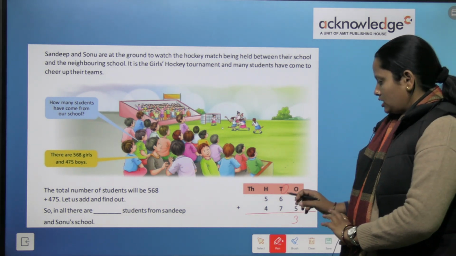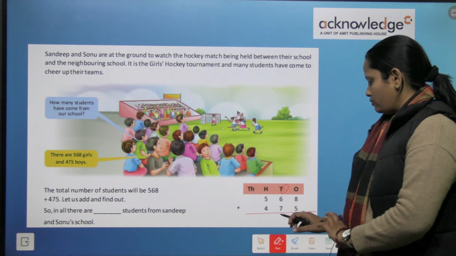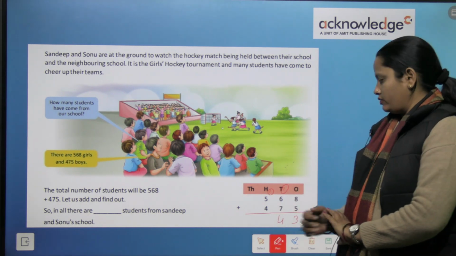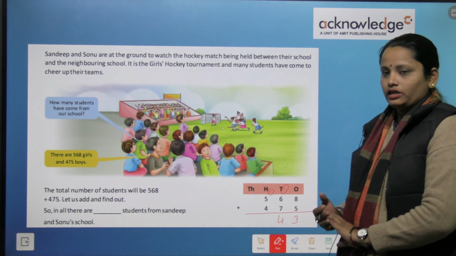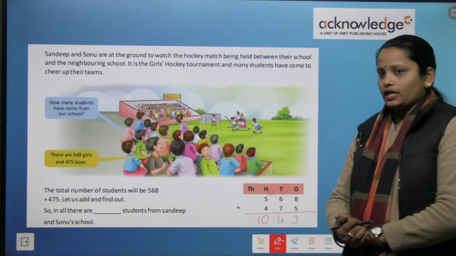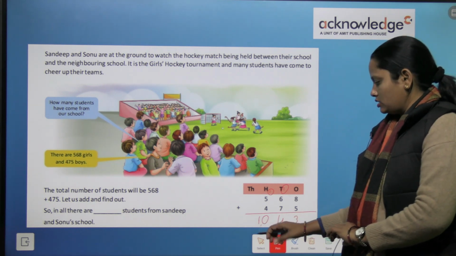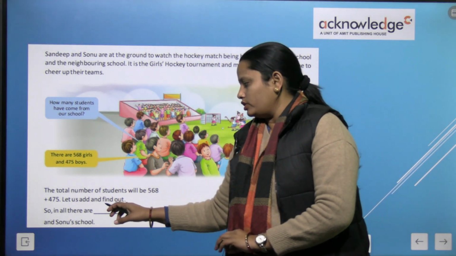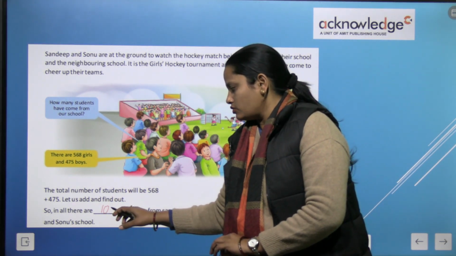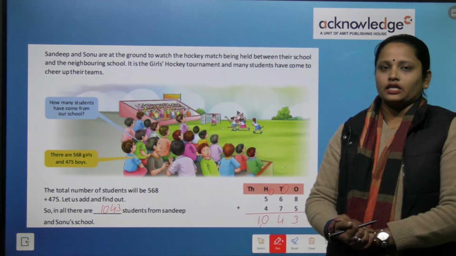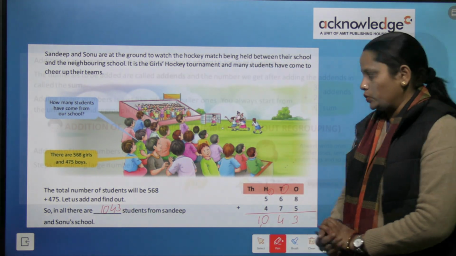Now 6 plus 1, 7, and 7 plus 7, 14, 1 carry. Next, 5 plus 4, 9, and 1 carry, 10. So, how many students are there? 1043. So, in all, there are 1043 students from Sandeep and Sonu's school.